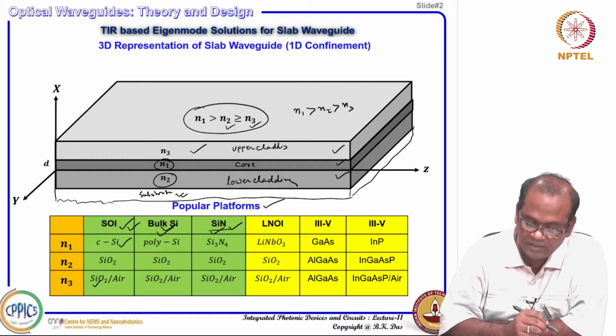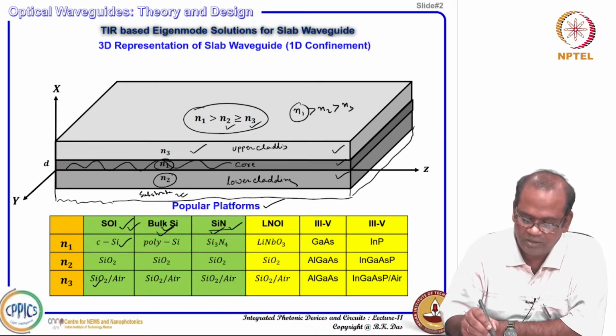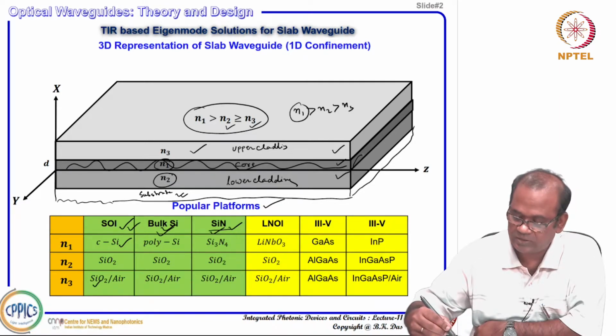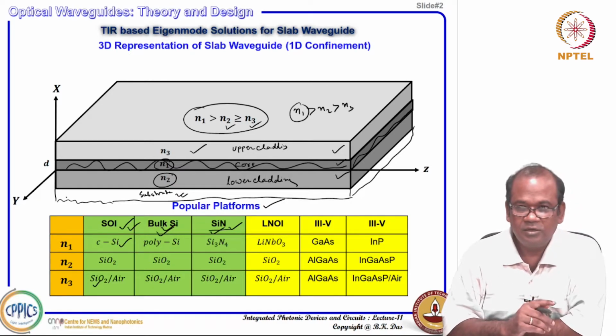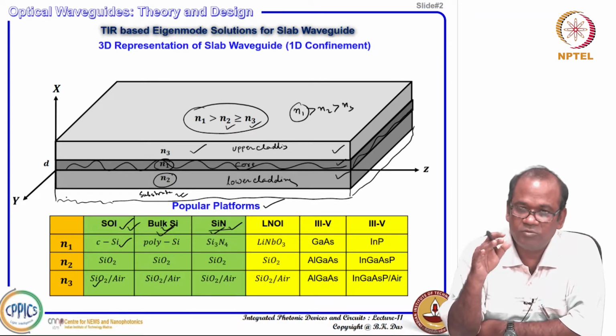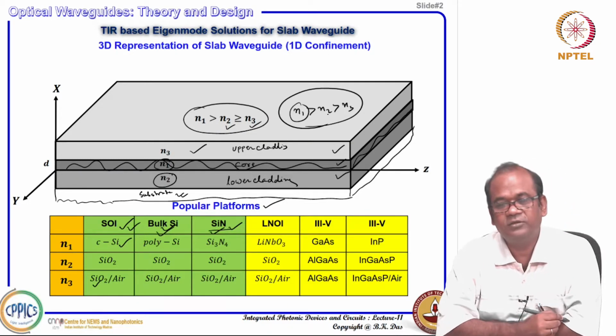You should keep in mind why we need N1 higher: because we want to confine light in this region. In this region, light will be confined and it can propagate along the z direction, or if you want, also the y direction. X direction it will not be allowed, it will be confined because of this type of arrangement.